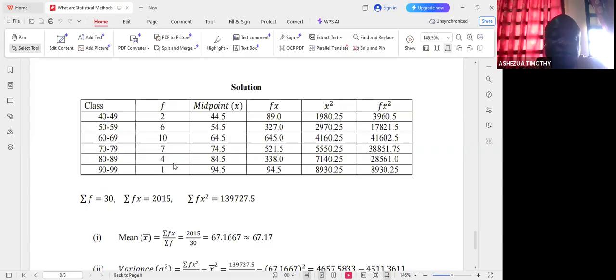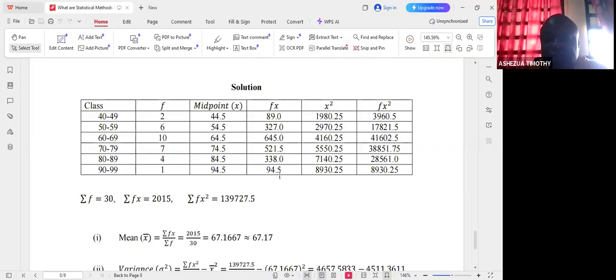And that's how we'll maneuver for the rest of the values up to 90 to 99. Frequency is 1. To get the midpoint, it is 90 plus 99 divided by 2. You have 94.5. How do we get our f times x here? Simply taking this 1 and multiplying by 94.5.